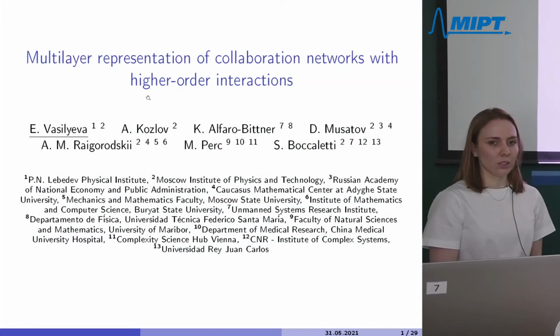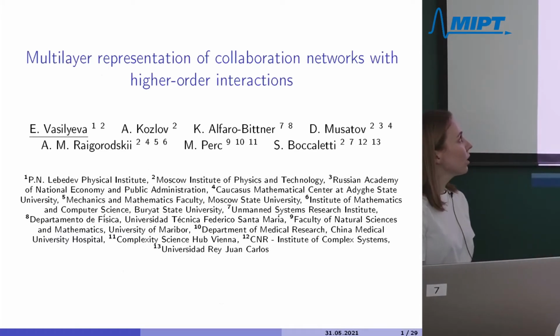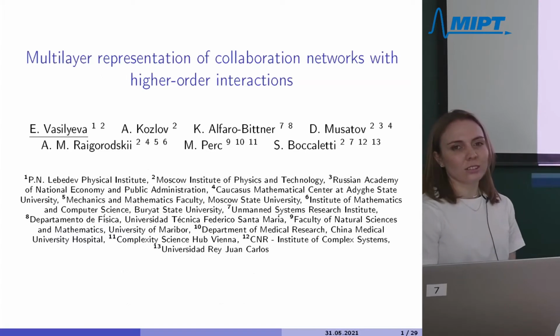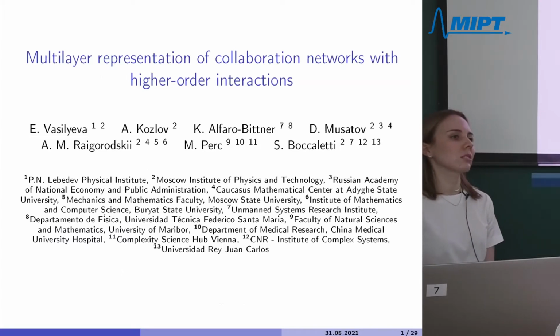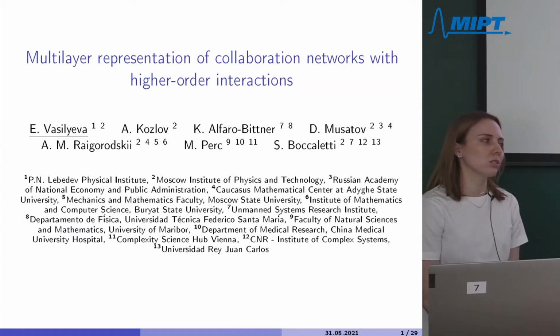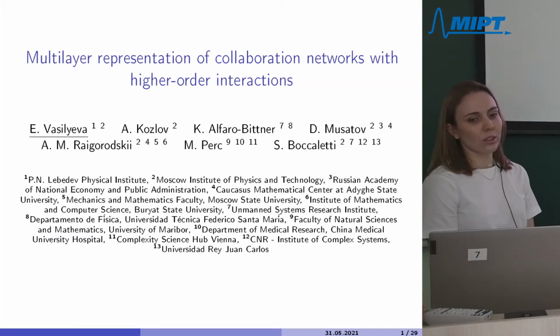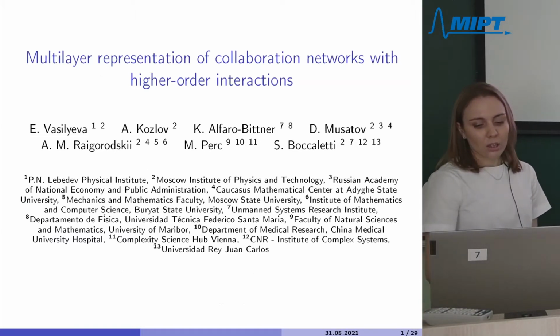Today I'll present the results obtained in the group of authors listed in the slides, and these results relate to the multi-layer representation of the higher order interactions in the collaboration network.